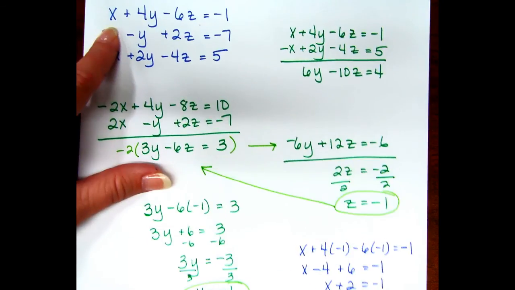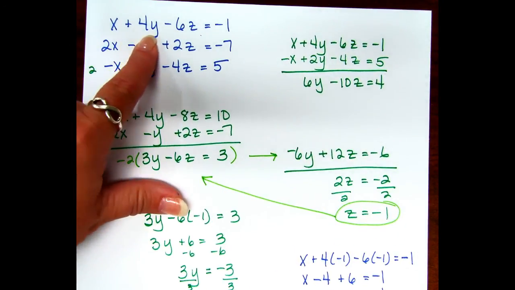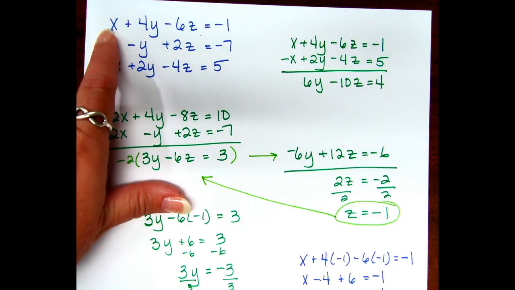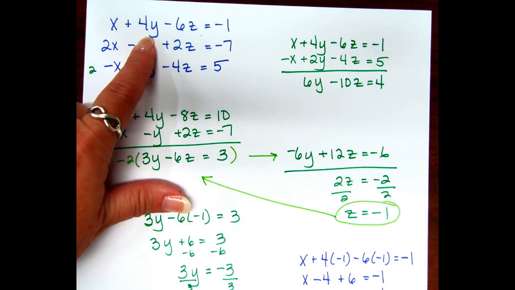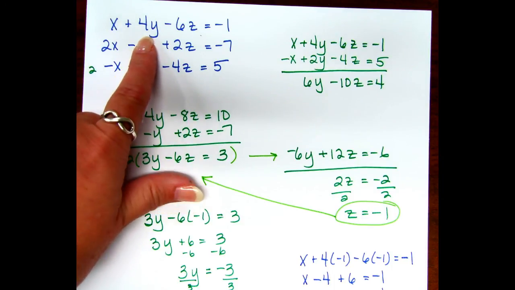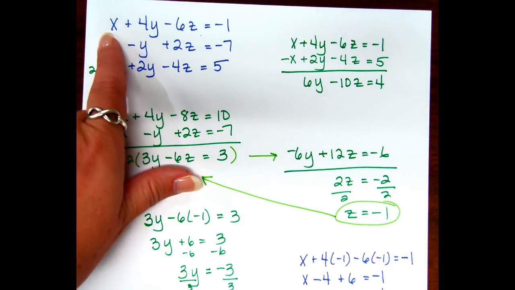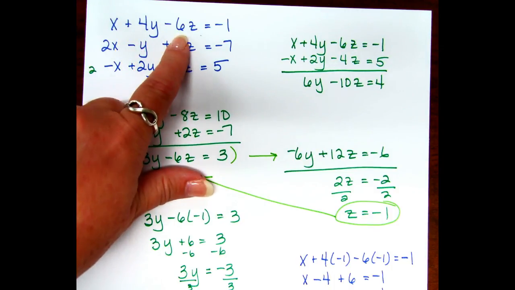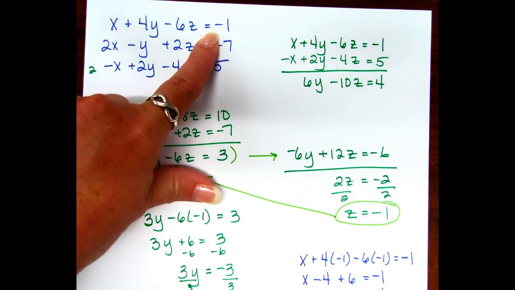So negative 3 minus 4 is negative 1. Excuse me. Negative 3 minus 4 is positive 1. Wait, what am I saying? Negative 3 minus 4 is negative 7. Negative 7 plus 6 is negative 1. Sorry.